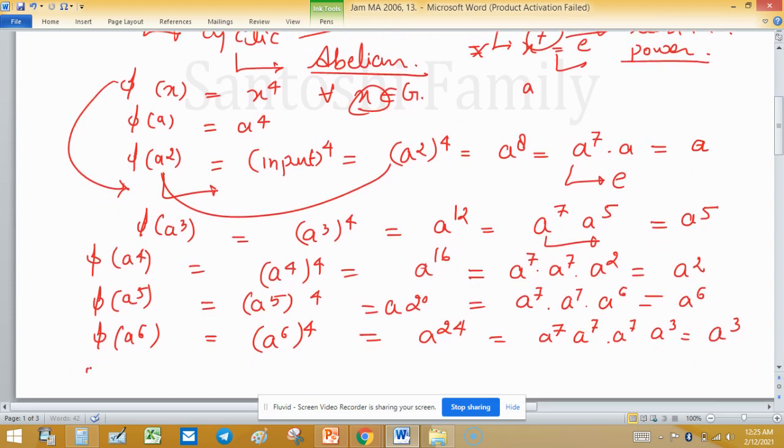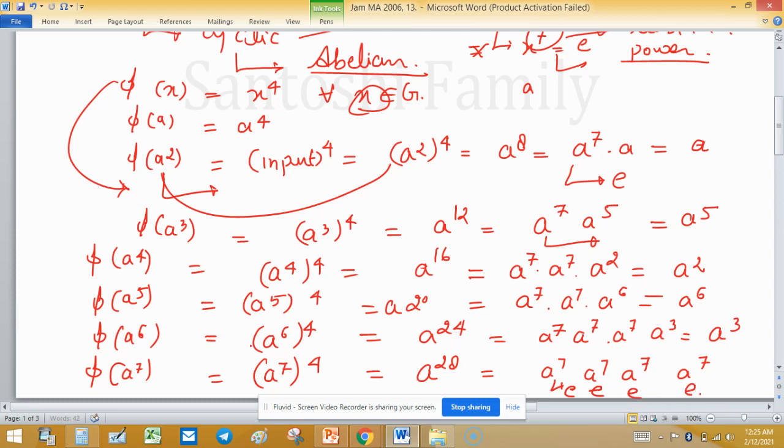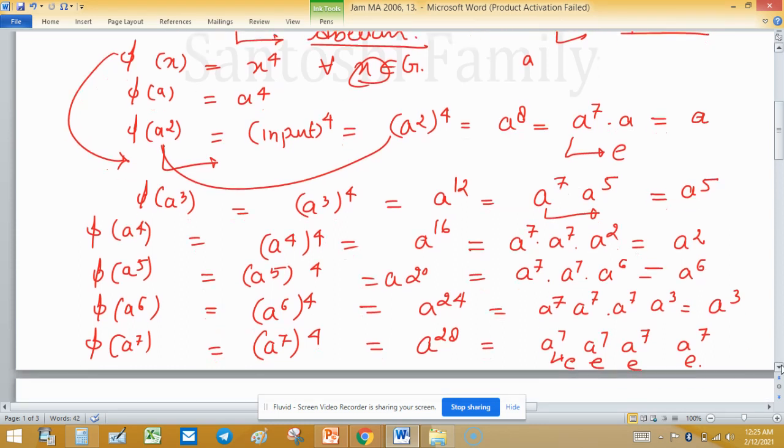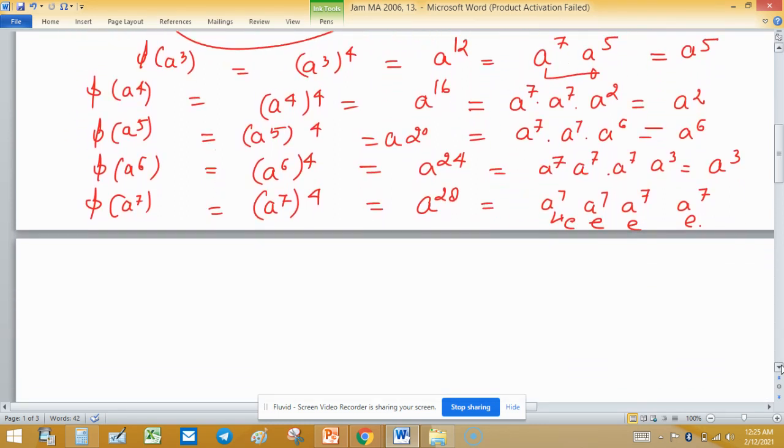And you can check phi of a raised to the power 7. A raised to the power 7 raised to the power 4 will be a raised to the power 28, which you can write as a raised to the power 7, 7, 7 and 7, and this is e. So all elements of degree higher than 6 will repeat here.